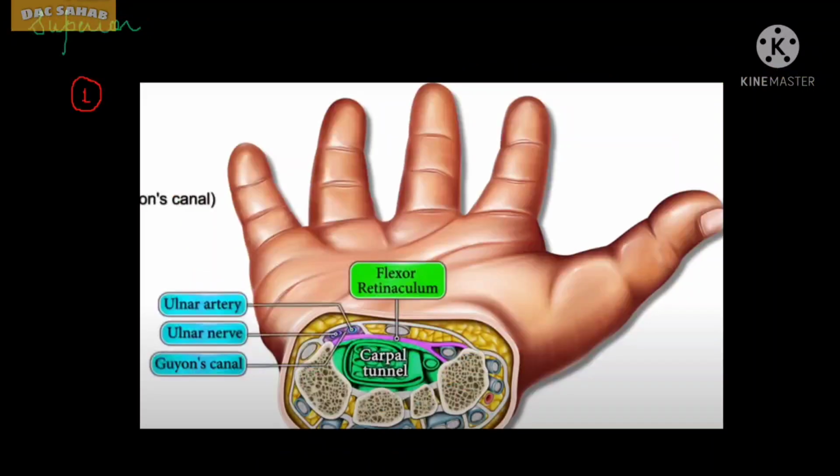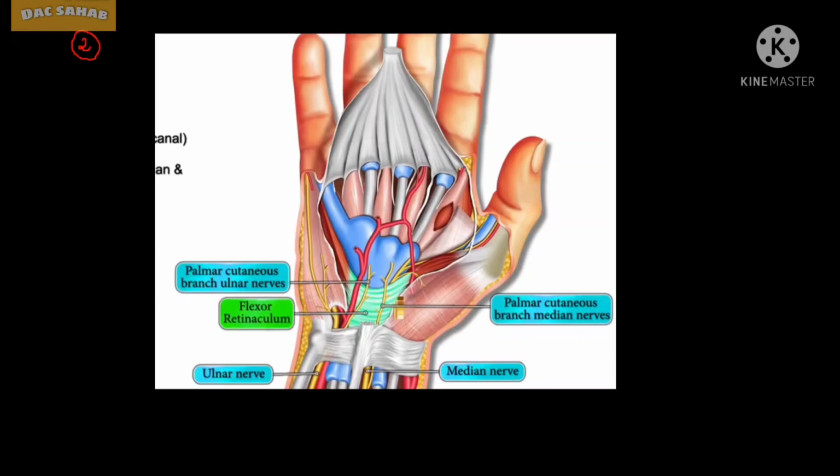Talking about the superior relations of flexor retinaculum, you have to remember 5 points. First point is the structures passing through Guyon's canal, that are ulnar artery and ulnar nerve. Second is the palmar cutaneous branches of the median nerve and the ulnar nerve.